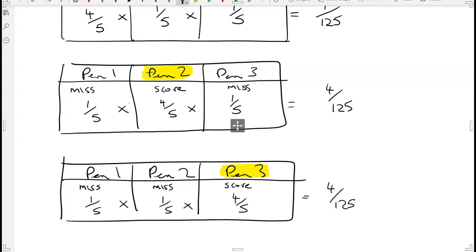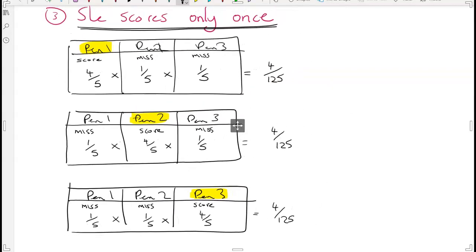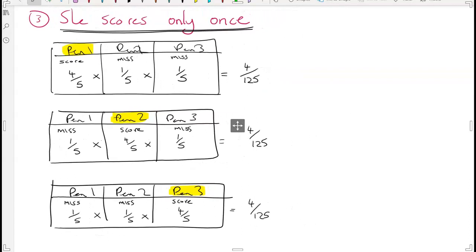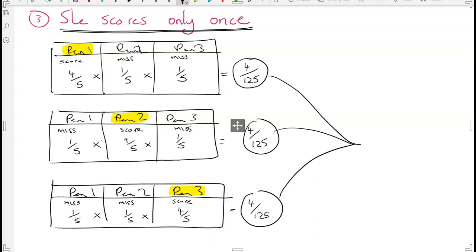So there's 3 different ways that Jess could have scored only once. And to find the probability of that happening, we add those probabilities together to get 12/125. Now that's a harder one.